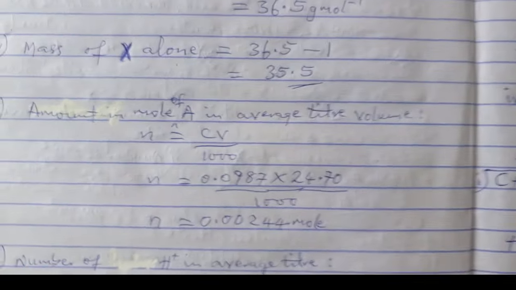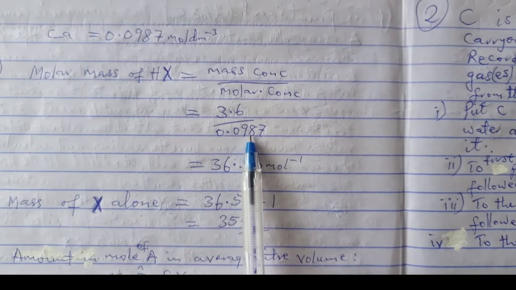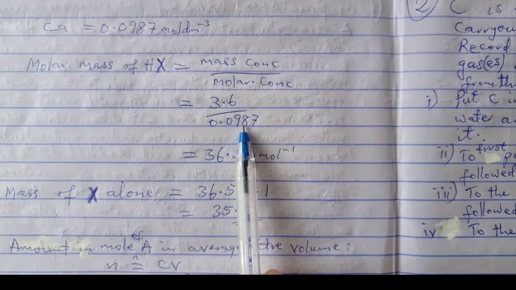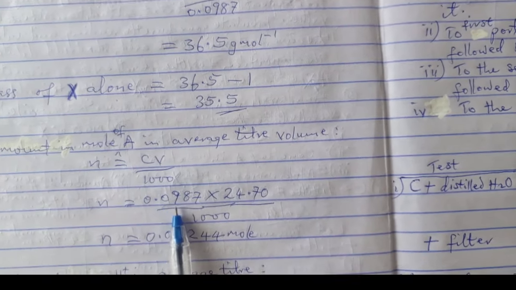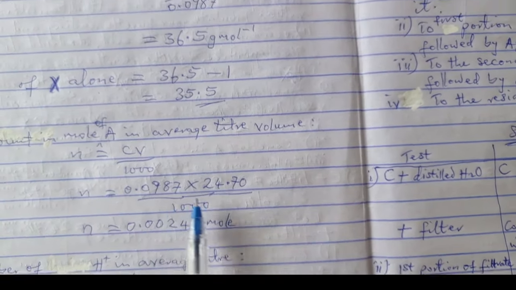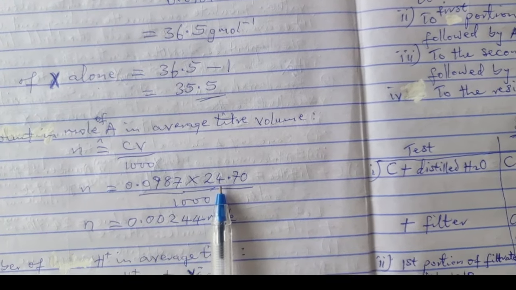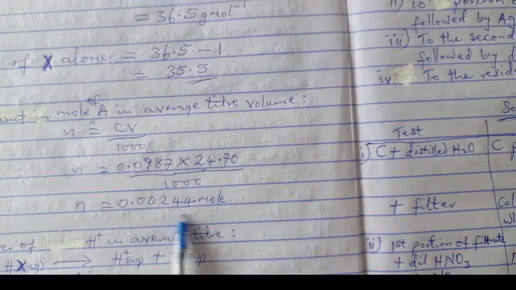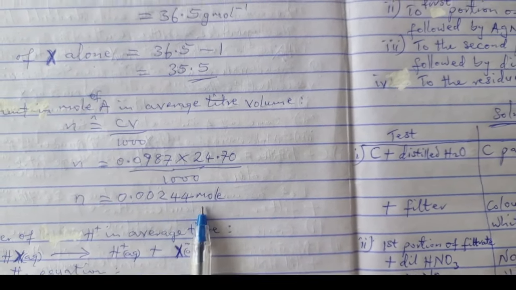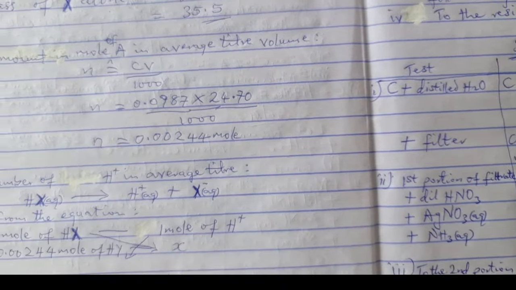Substitute the concentration that we calculated for HX in place of C and bring the titer value in place of V. Divide by 1000. Whatever you have is the amount in mole.